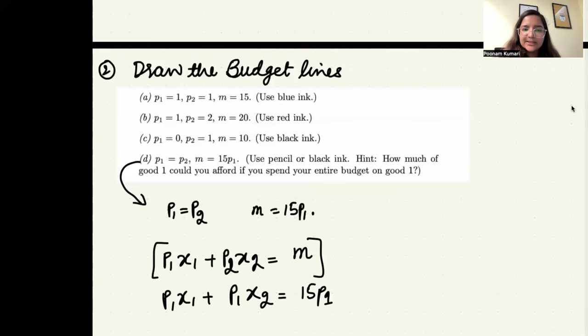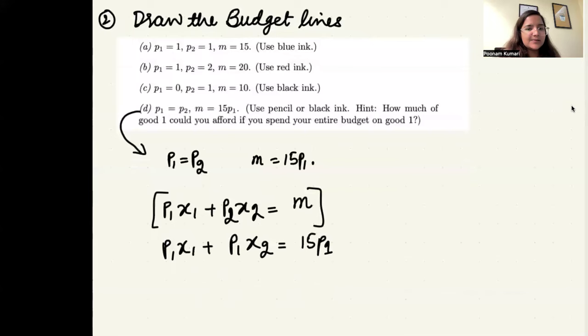Now how do you make this? And then x1 plus x2 in bracket and then P1 is equal to 15 P1. So then the equation would be x1 plus x2 is equal to 15, and that is simple to make, right?